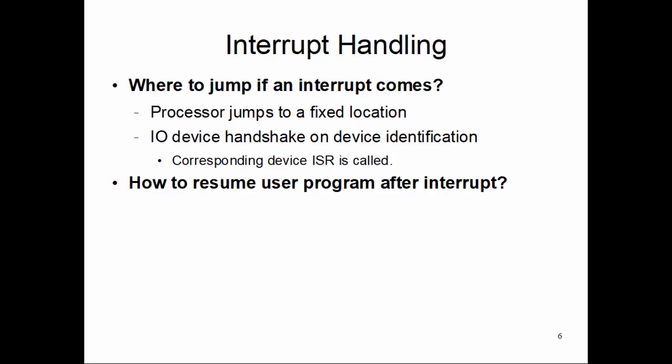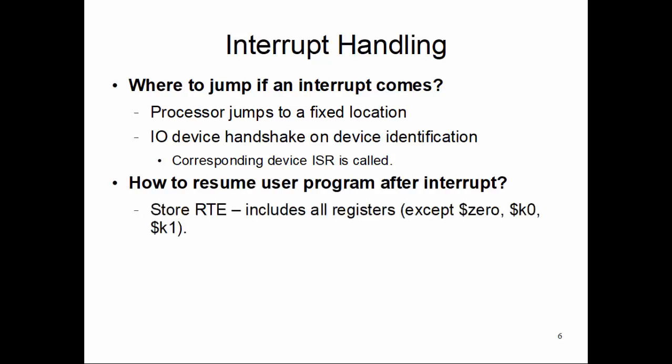Now, the second part is how to resume the user program after the interrupt. Basically, store the runtime environment, and this time it includes all the registers except for 0, K0 and K1. Except for these three registers, all other registers including temporaries are saved before anything is done at the ISR level.